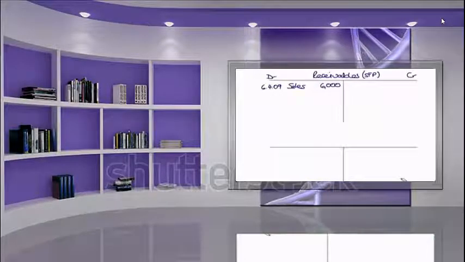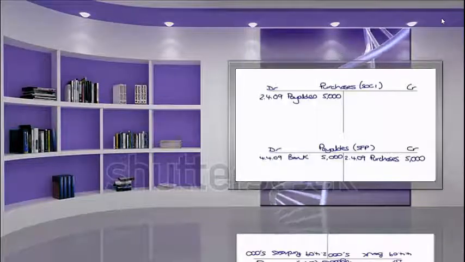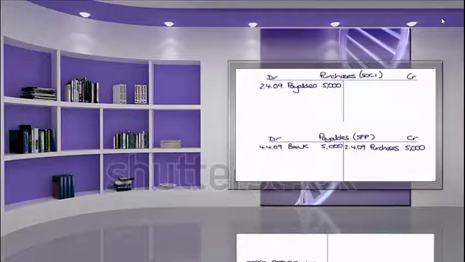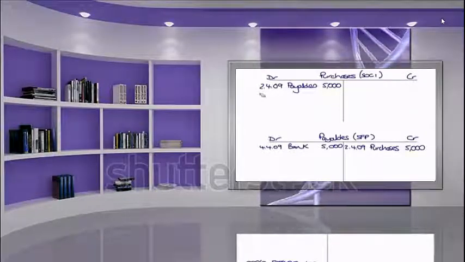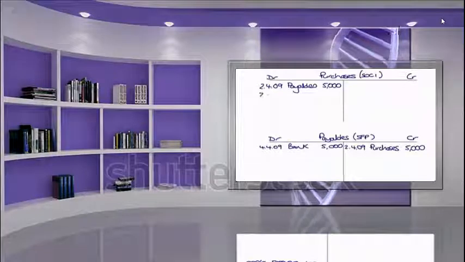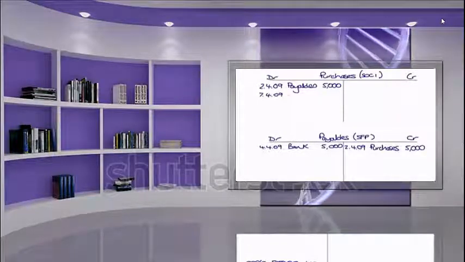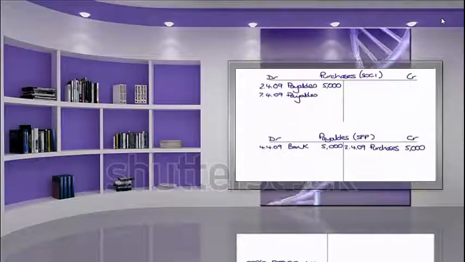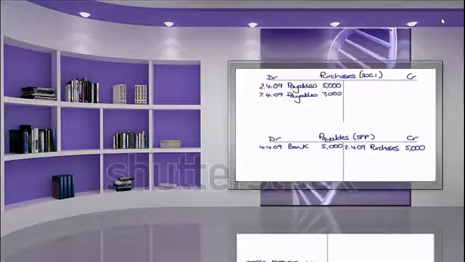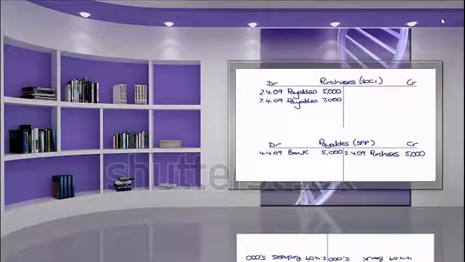if we go back to our purchases and payables ledgers, we can see then that with purchases on the 7th of April 09, the corresponding account is payables, 7,000 on the debit side to increase that expense.